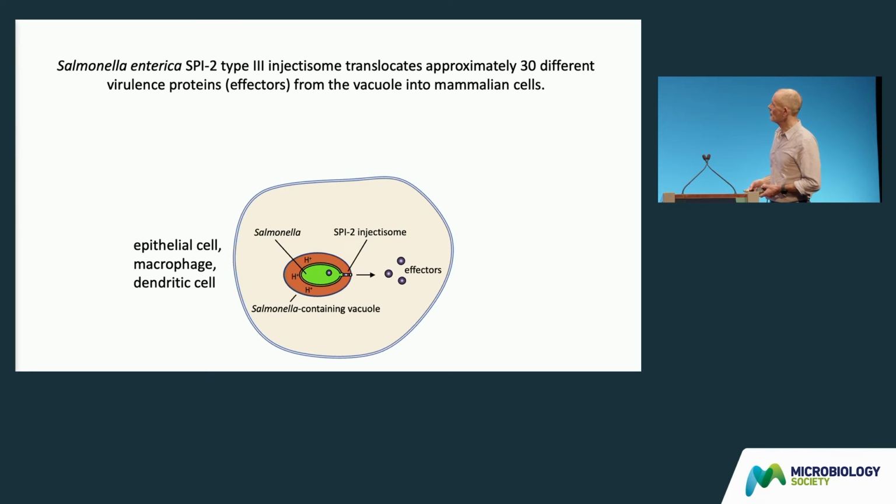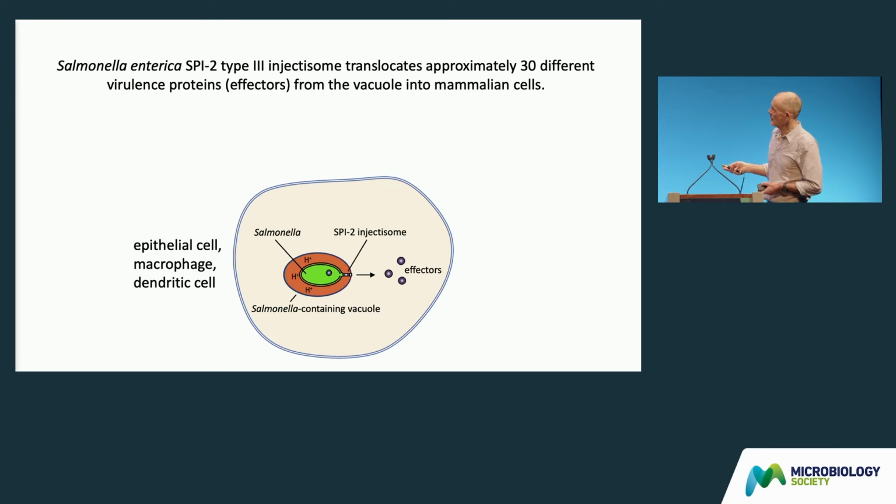So going now from the genetics to biology, what does this thing do? That was always the plan, to work on interesting biology. So many groups have subsequently contributed to our understanding of this type 3 secretion system and its effectors. These effectors are actually translocated from the bacterial cell into the cytoplasm and into membranes of the host cell, whether they be epithelial, macrophage, or of dendritic origin.